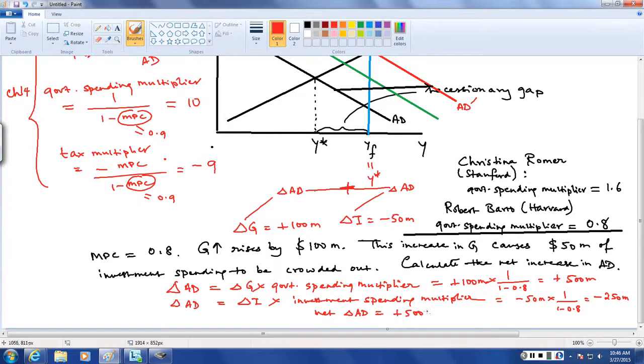Plus 500 million minus 250 million is equal to 250 million. Yes? So we have the rise in AD of 250 million in the story. We will stop here today.